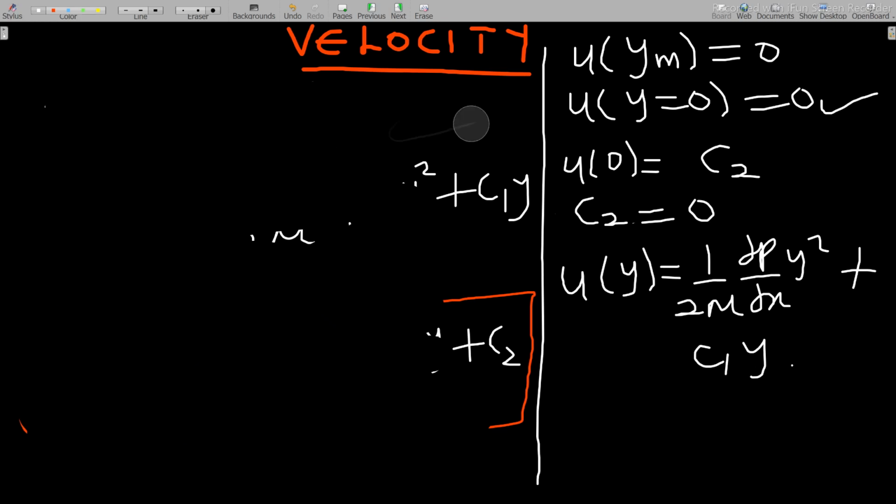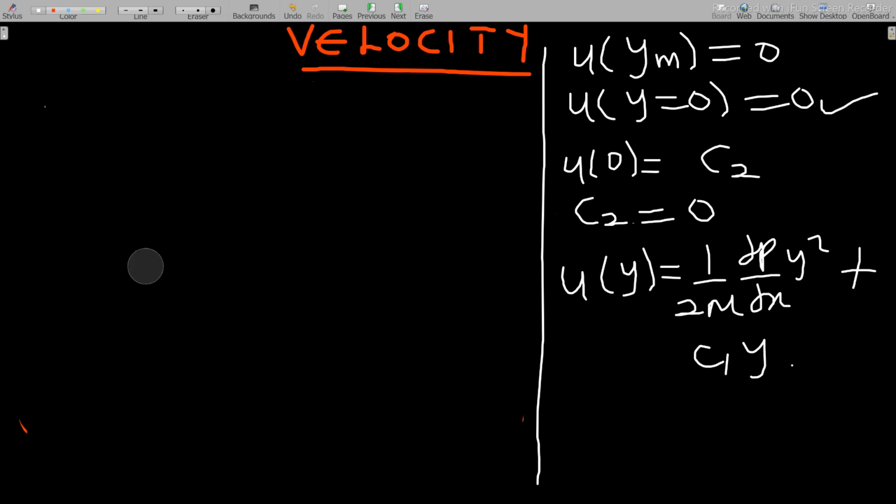To find c1, I said you have to apply the no slip condition. Applying it, we know that u of ym is also equal to 0.